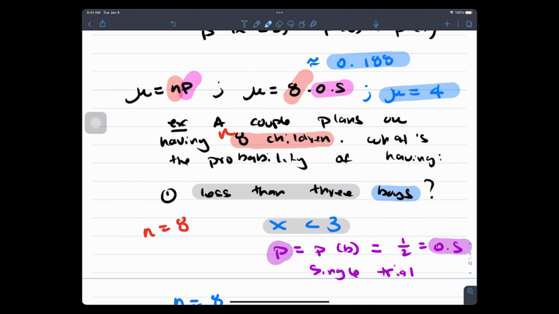A couple who has 8 children will have 4 boys on average. Half the kids will be boys, the other half girls.